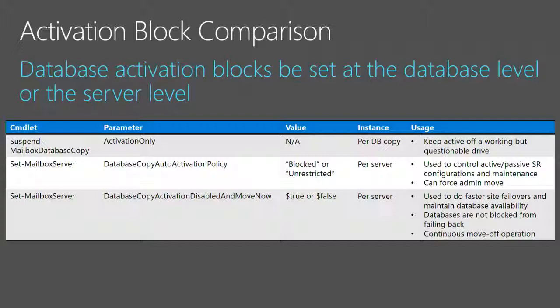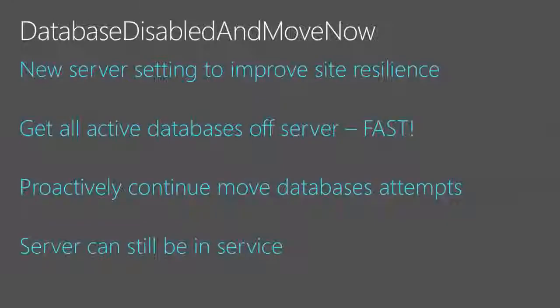And it will also mark the server as blocked from activation, so as these possibly multiple servers in parallel are moving databases over to another site, it'll prevent databases from coming back to the site you're trying to move off of as well. One thing it won't do, though, is if you do have activation blocks set on any of your servers, we won't move databases to a server that you've explicitly blocked.